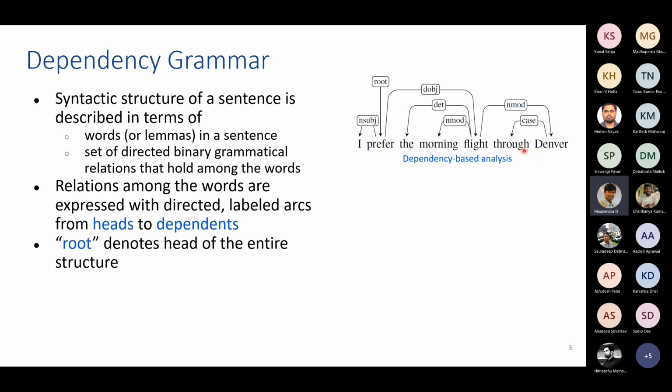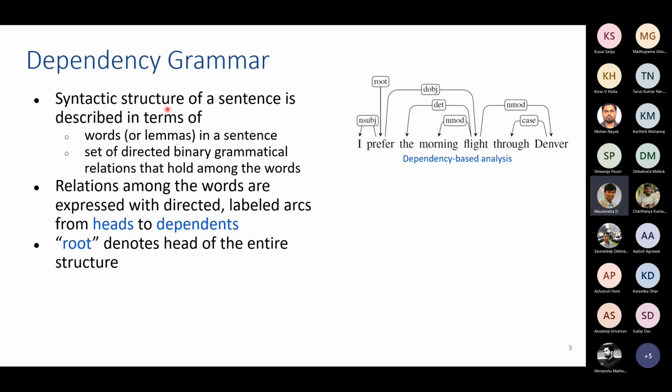Now this dependency grammar is trying to capture that, the interconnects, the dependency between the words, and if we get these interconnects, essentially we get a structure of the sentence, right? So this structure is the dependency parse of the sentence.